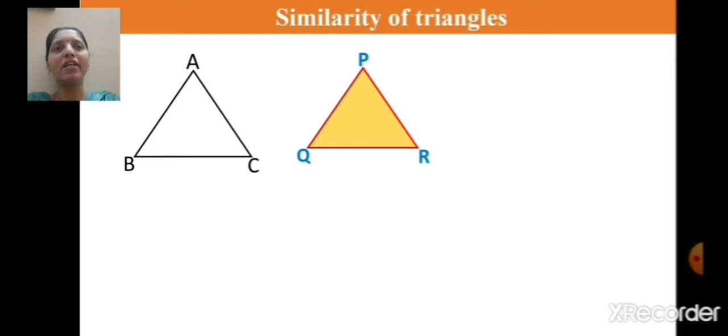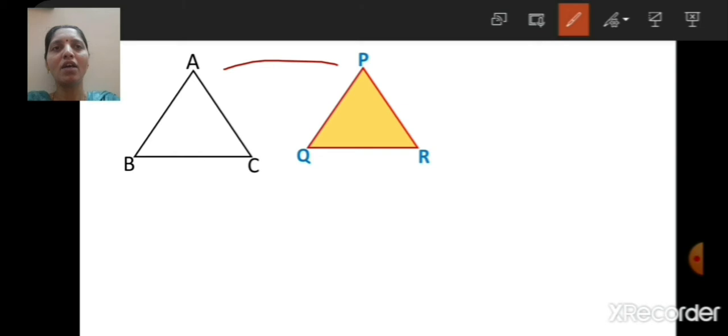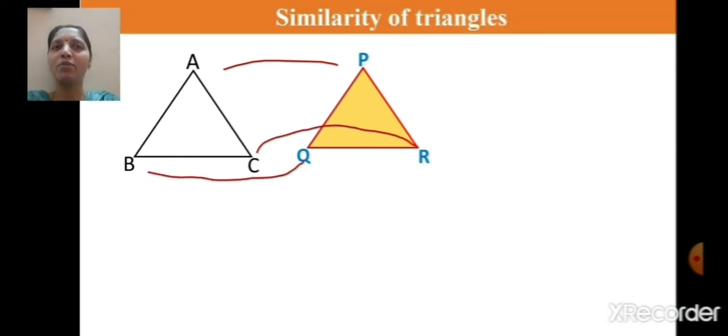Here I'll write vertex A corresponds to vertex P, B corresponds to Q, and C corresponds to R. That means ABC corresponds to PQR. Here two conditions you have to consider. The first condition is regarding the angles, and the second condition is regarding the corresponding sides.